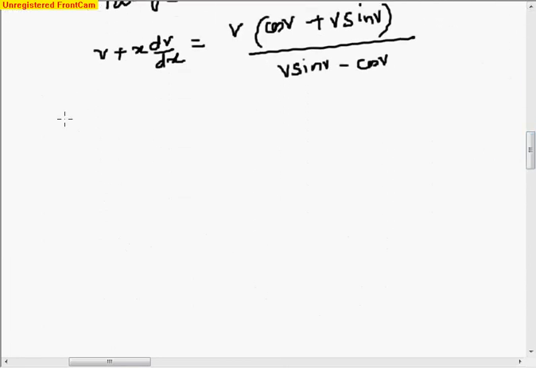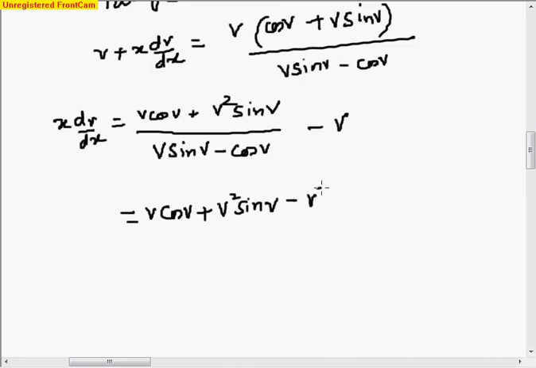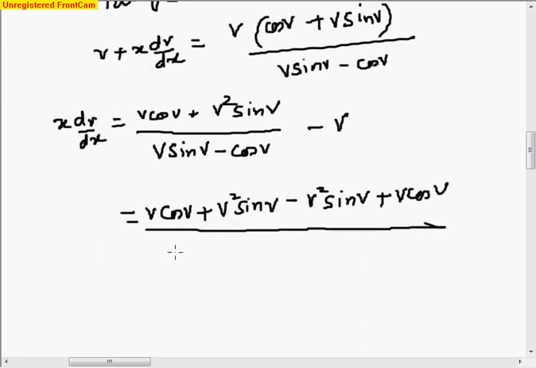You have x dv by dx is equal to (v cos v plus v square sin v) upon (v sin v minus cos v) minus v. What is this? This is v cos v plus v square sin v minus v square sin v plus v cos v upon, I have taken the LCM, v sin v minus cos v.